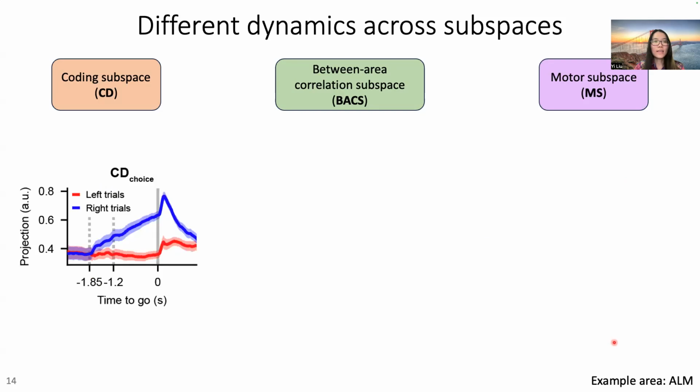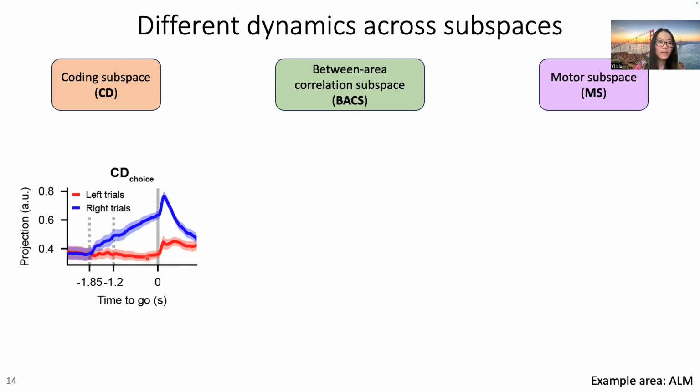So once we have identified the subspaces of interest, the most straightforward thing is to explore the dynamics within the subspaces. Here, we project the neural activity of ALM onto the choice coding subspace. We're skipping the trial type coding subspace since time is limited. So this is the sample epoch, this is the delay epoch, and the solid line is the go cue.